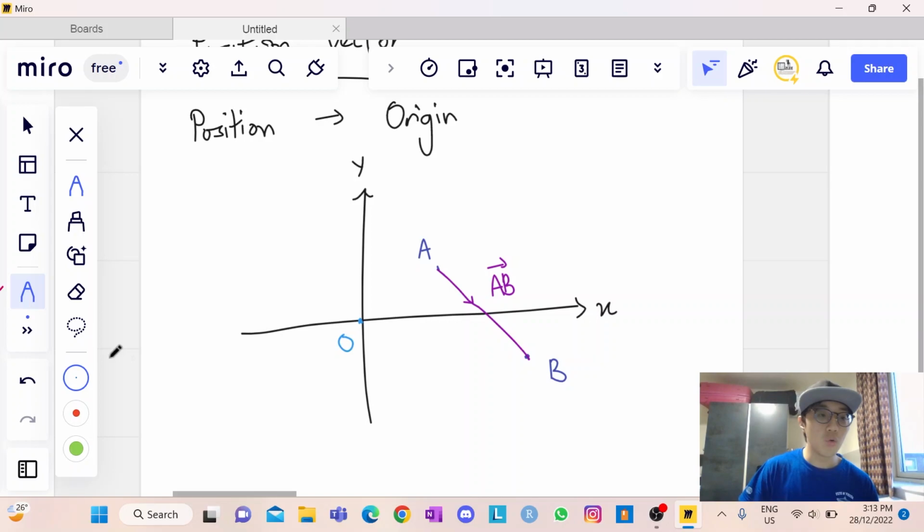So the O is right here. The position vectors are always OA and OB.